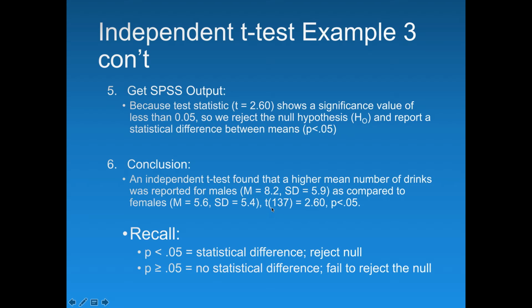T, parentheses, the degrees of freedom value, is equal to the value that's T in the table, and then P is less than 0.05. So this is the tip to remember. If the P is less than 0.05, there is a statistical difference. If P is greater than or equal to 0.05, there's no difference between the two groups. Okay.